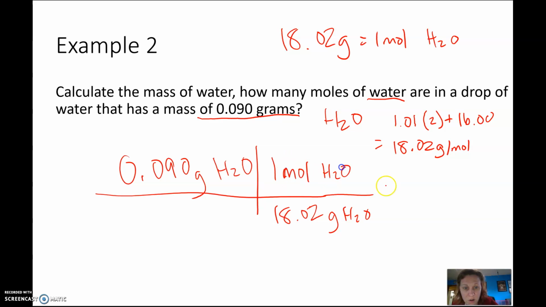Okay, 0.090 divided by 18.02. So that's 0.00499. And we just need 2, so technically it's 0.0050 moles H2O. So this is the conversion from grams to moles.